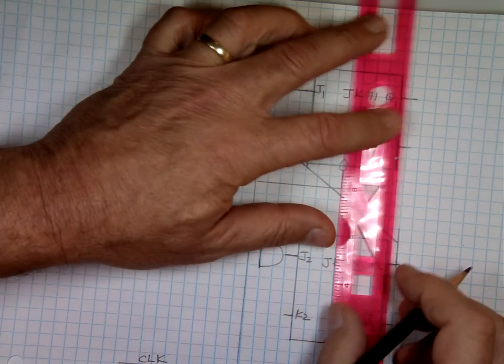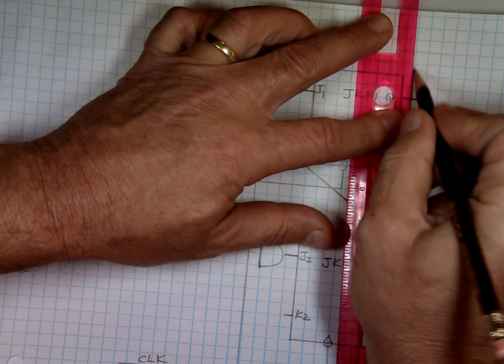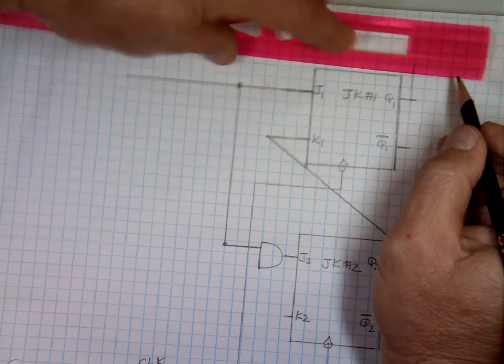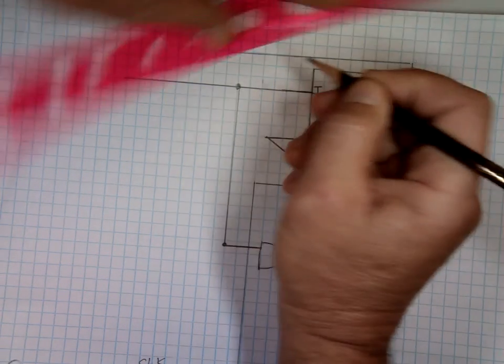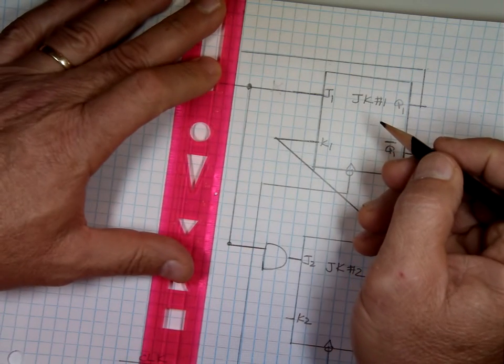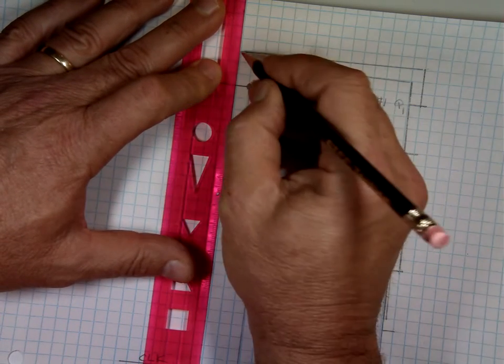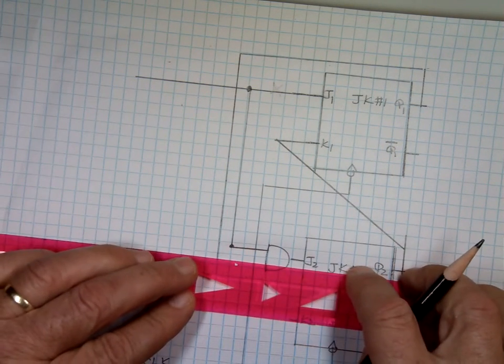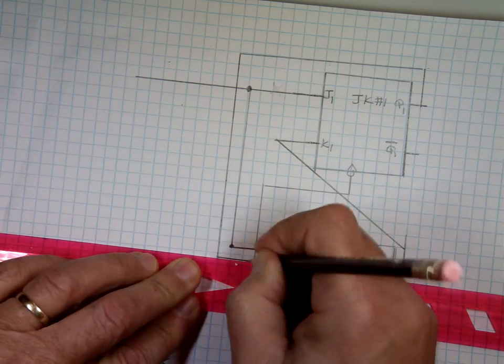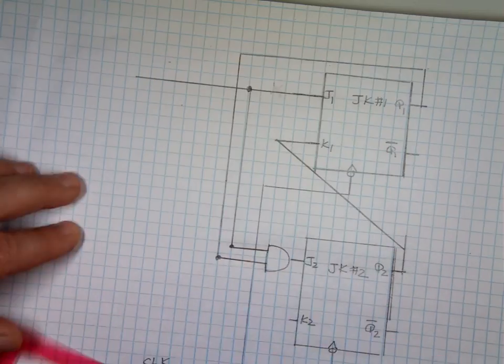Take one, wrap it around here, another wire. That's J2.